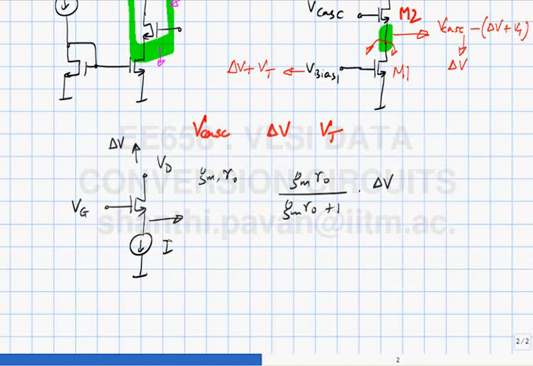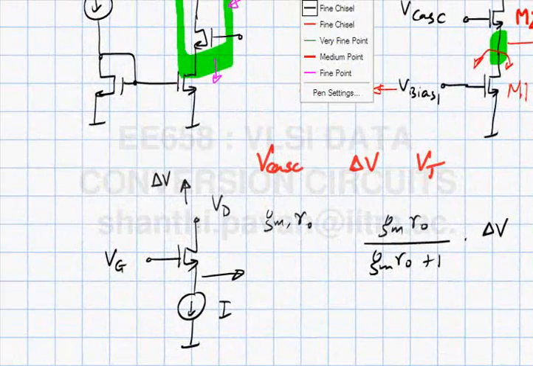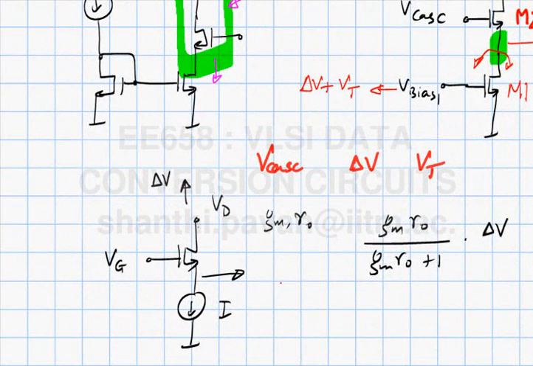That's all. So if I yank this up by delta V, what is the exact change in the voltage at the source? It should change by a small amount, and it turns out that it is delta V times 1 by 1 plus gmro.